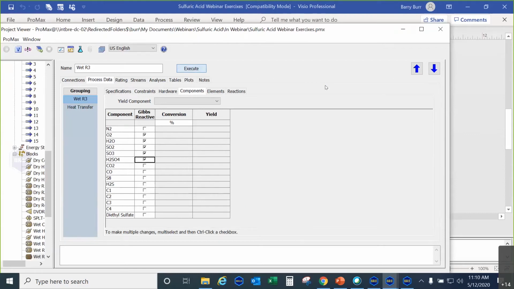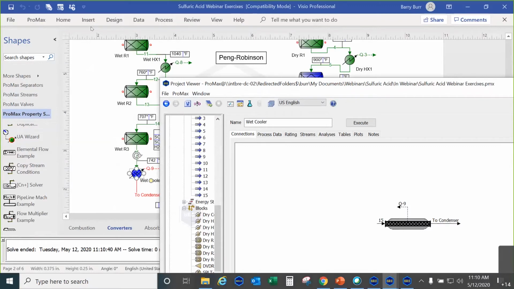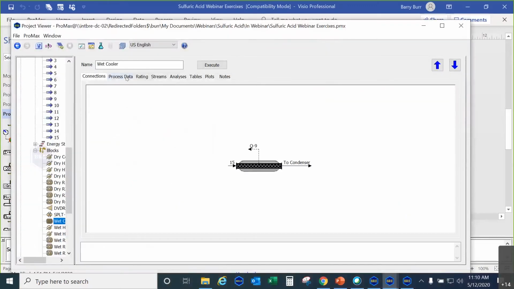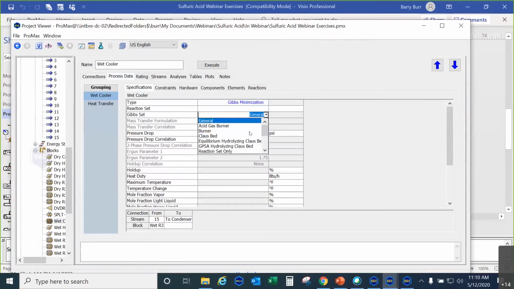All right, and then we're going to have the cooler, and it is reactive. So this is a reactive heat exchanger. Use Gibbs minimization again. General, 0.08. That might have had a different pressure drop. I can't remember.